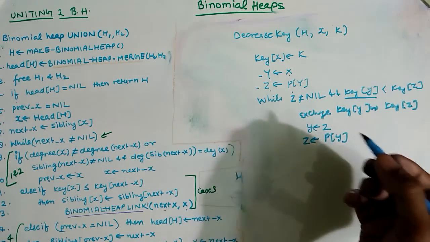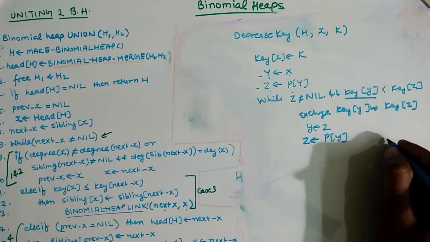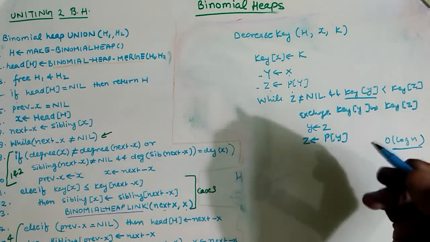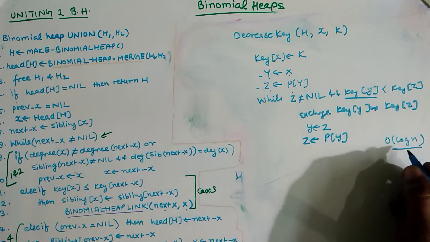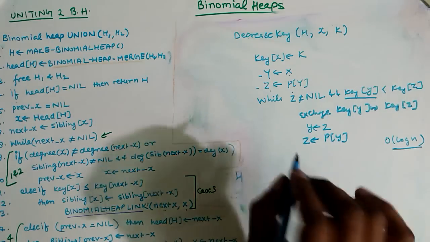In any binomial tree, we have at most order of log n depth, and this procedure goes up to the root, so it will take at most order of log n time. So this is the decrease key operation.